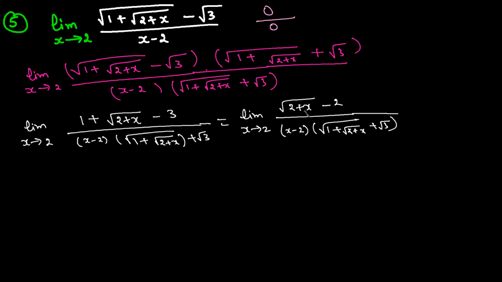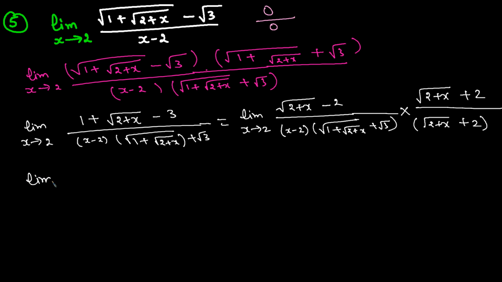Okay, so now again we still got a square root in the numerator, so we're going to rationalize the numerator again. So multiply by root of 2 plus x plus 2 divided by root of 2 plus x plus 2. Okay, so what we'll get over here?